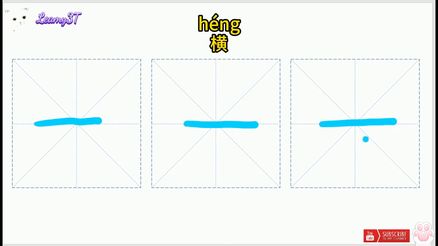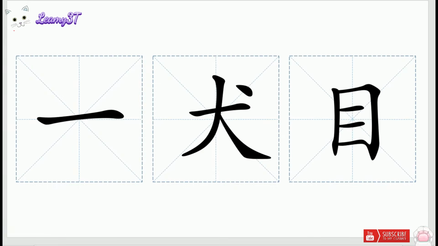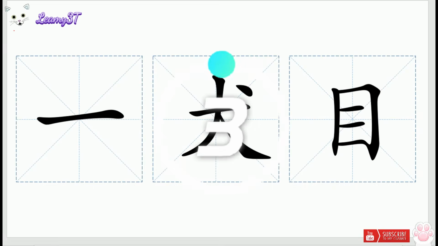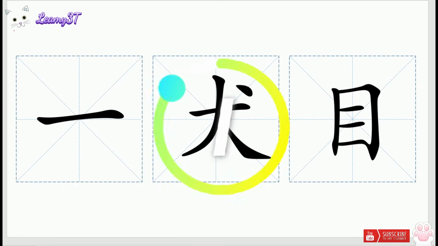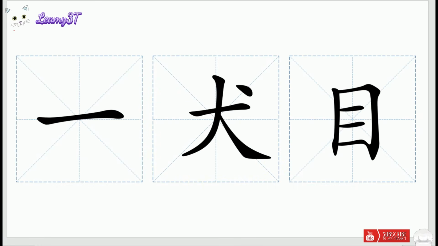Alright, now please find all the héng strokes in these 3 characters. You have 10 seconds. Did you find all of them? Okay, let's check.